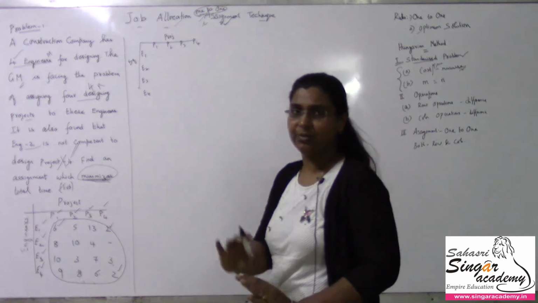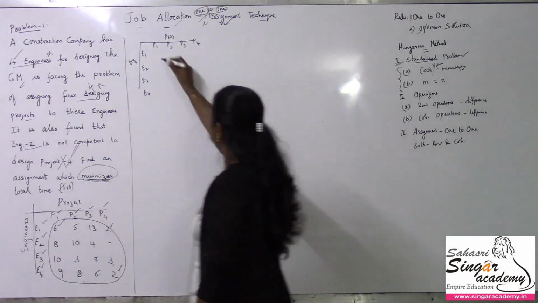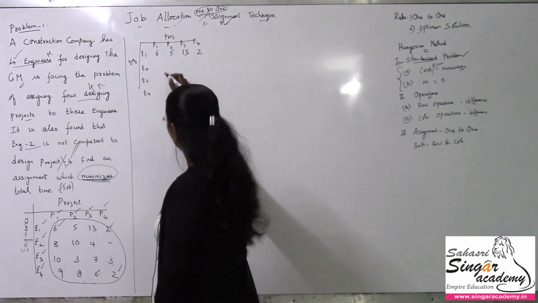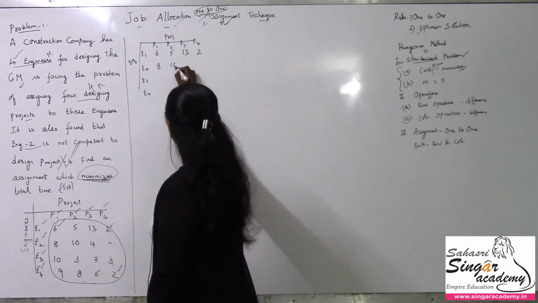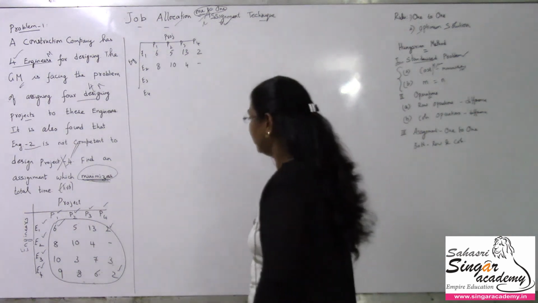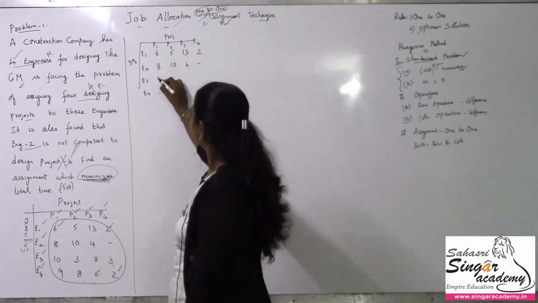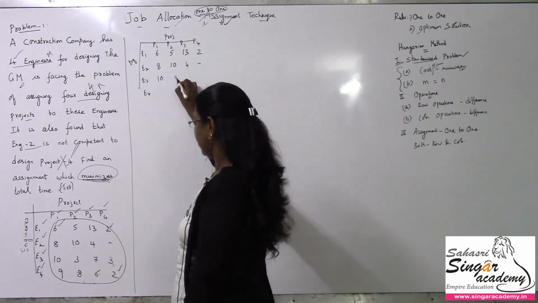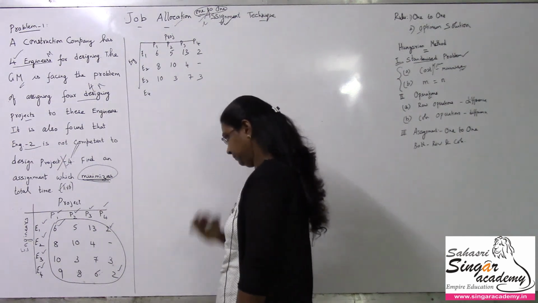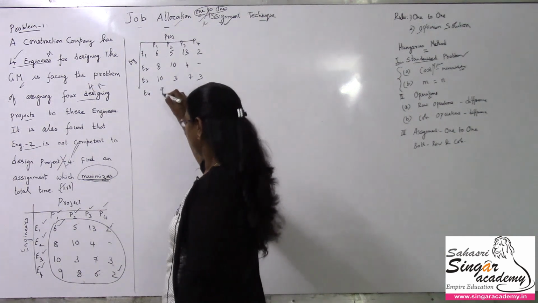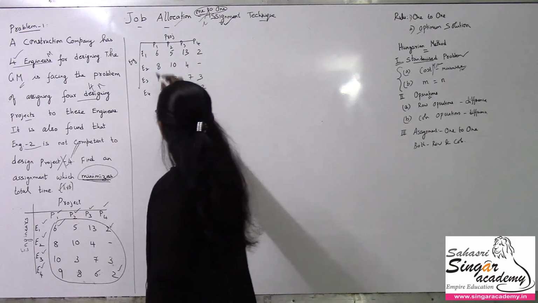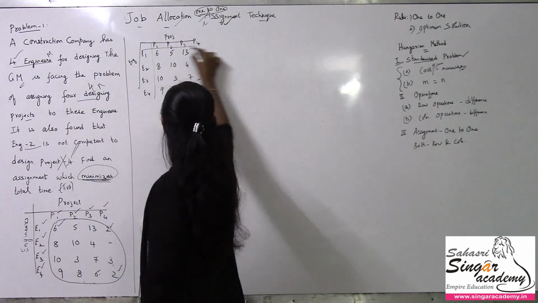So 6, 5, 13, 2, 8, 10, 4, dash. He's not capable of doing project 4, right? And the third engineer does 10 hours, 3 hours, 7 hours and 3 hours. Fourth engineer does 9 hours, 8 hours, 6 hours and 2 hours. So this is the data given.